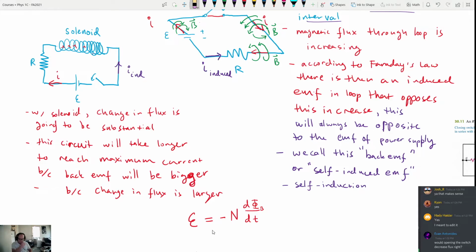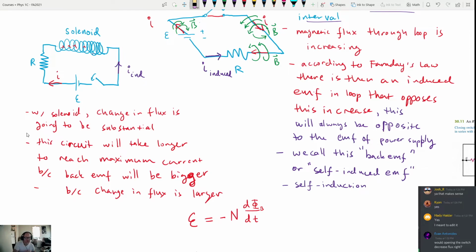So does this conceptually make sense to you all? We learned about Faraday's law. We learned about how if you move a magnet near a coil, it'll induce an EMF. That EMF will create current in the coil, right? Here what we're finding is that any circuit has this nature that because of Faraday's law, if you try to instantly turn the current on, the circuit is not going to let you do that.